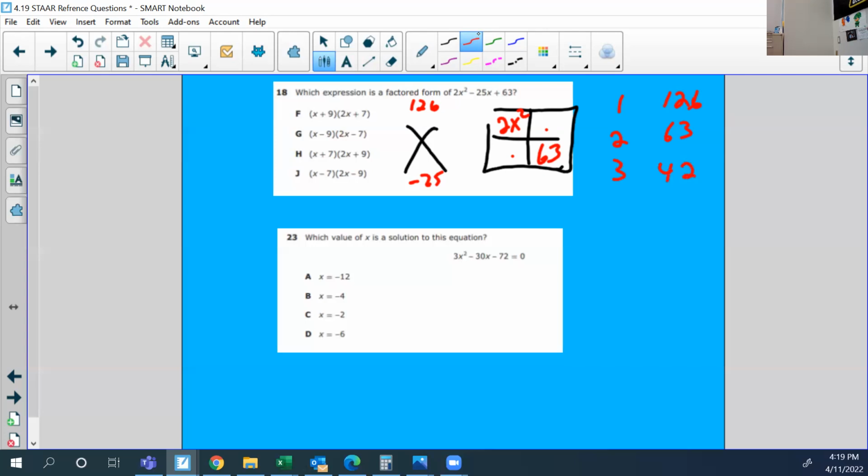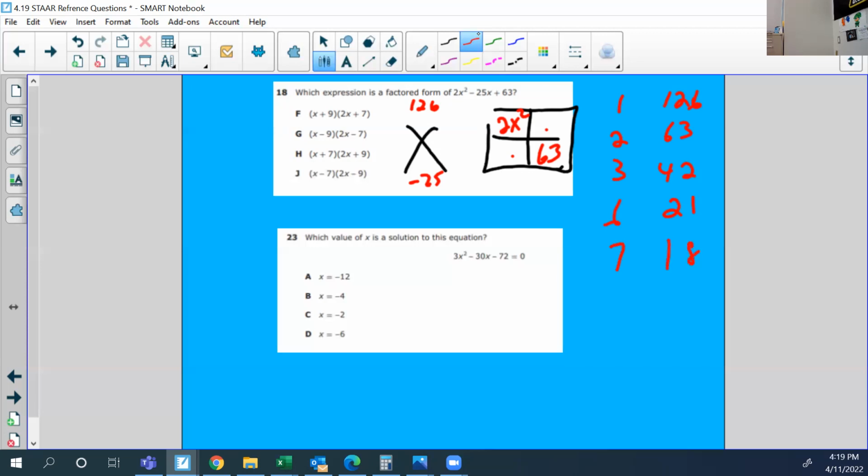If you divide 126 by 4, it's not a factor. 5 is not a factor. 6 is a factor. Divide 126 by 6, you get 21. And then 7 is a factor. As I'm doing it, I'm doing a mental check to see which pair is going to work. Is 7 going to work? 7 is a factor. Divide 126 by 7, you get 18.